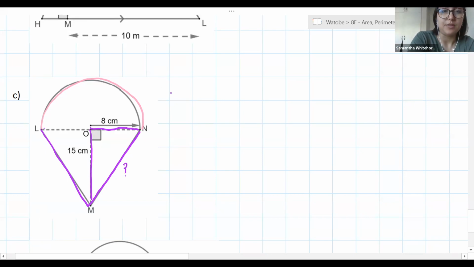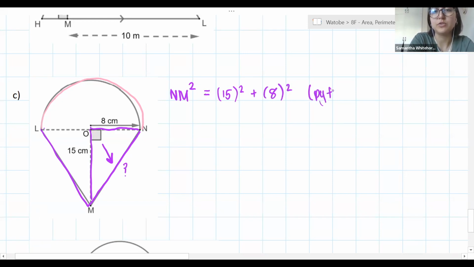So if we start with that, we can say NM squared, and we know that this is the hypotenuse because it's opposite the right angle, is equal to 15 squared plus 8 squared. Remember, the reason we're doing all of this is because of Pythagoras, or the Pythagorean theorem. When we add those two squares together, 15 squared plus 8 squared, we get 289.